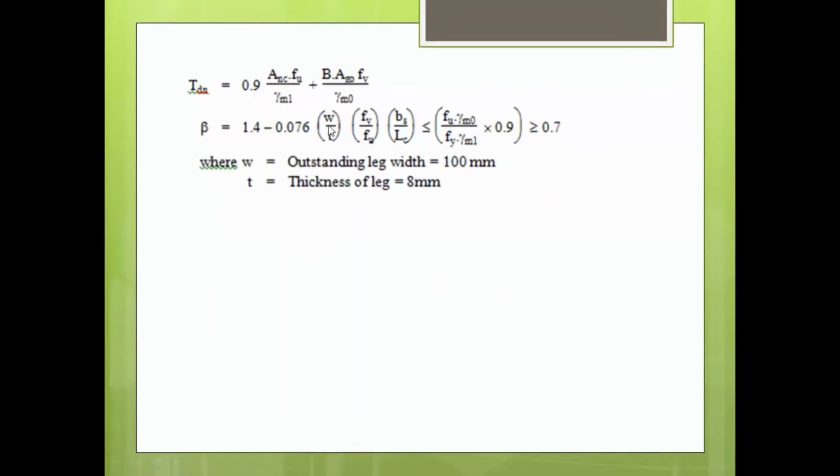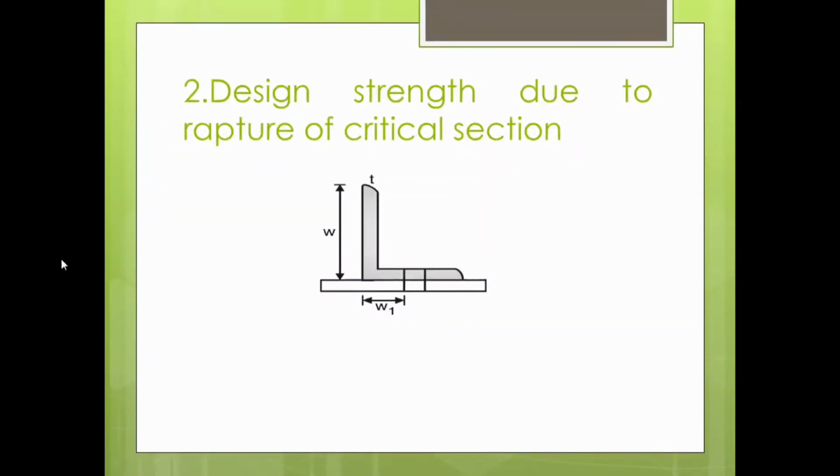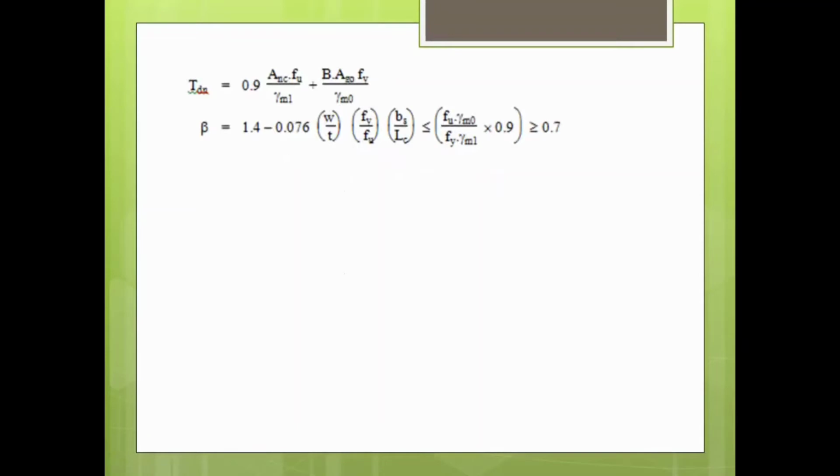W is the outstanding leg width. It means the leg of the section which is not connected to the bolt. If you see the diagram, this is W, the outstanding leg which is not connected to the bolting and the gusset plate. So this total length we can consider as W. It is given as 100.